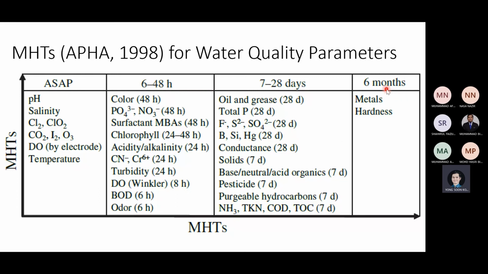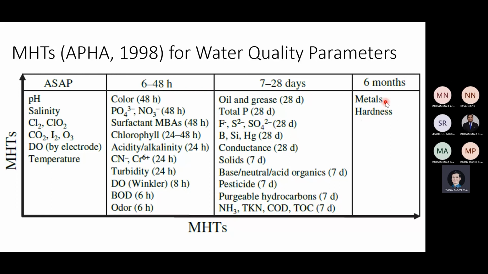Metals, they are not destructible by bacteria, which is why you can see here. The hardness actually comes from a lot of metals from the water. As long as you acidify the water, it will technically be there. Yeah, it's there forever. But why you still need to analyze in 6 months?